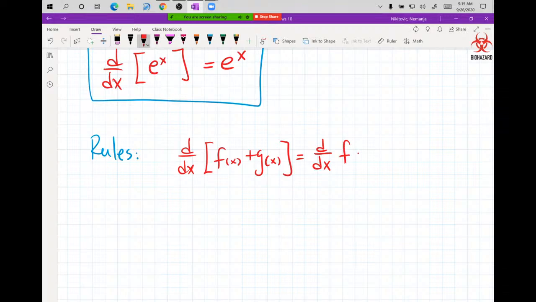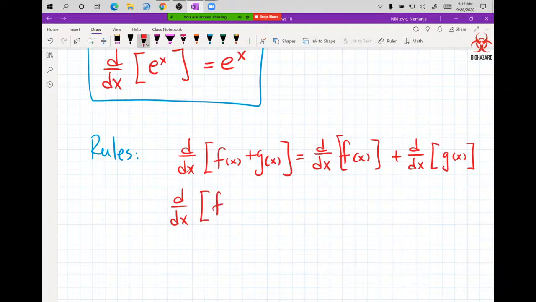You can apply derivatives separately to each one of these. And that's going to be very useful. Now the next one is for subtraction, and it does the same thing. I could have done this in the same line, right? Just put plus minus up there, like I did for limits.